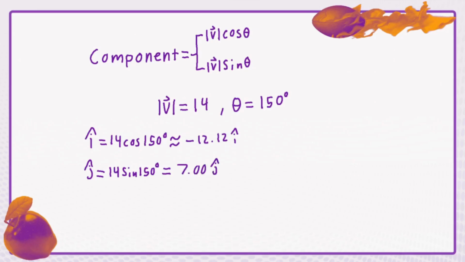Using these equations, we were able to go from magnitude 14 and angle 150 degrees to vector notation with negative 12.12i and 7j. There is one more equation we'll talk about, which lets us use i and j components to find the angle of a vector.